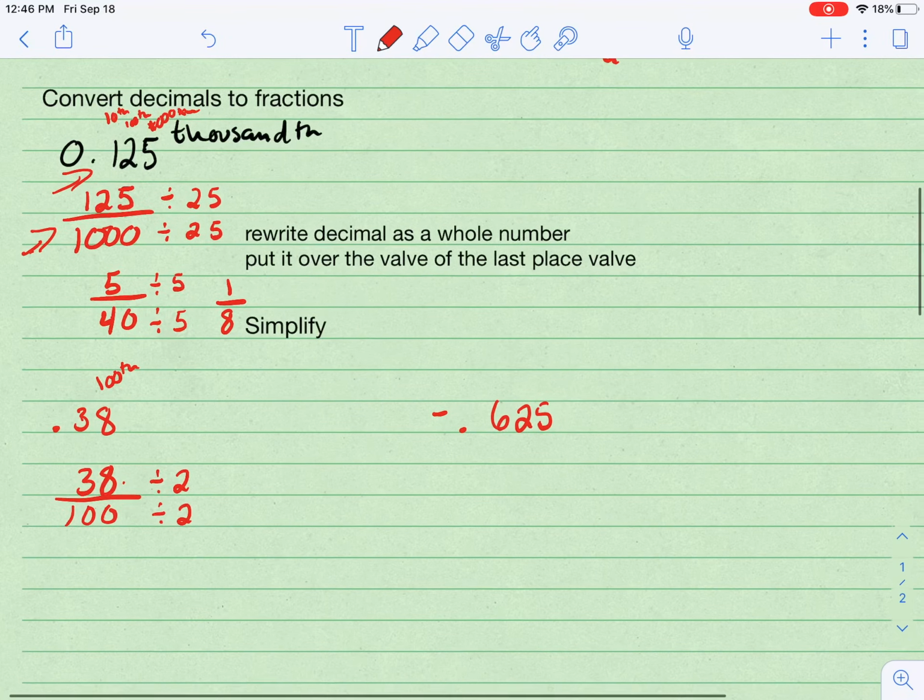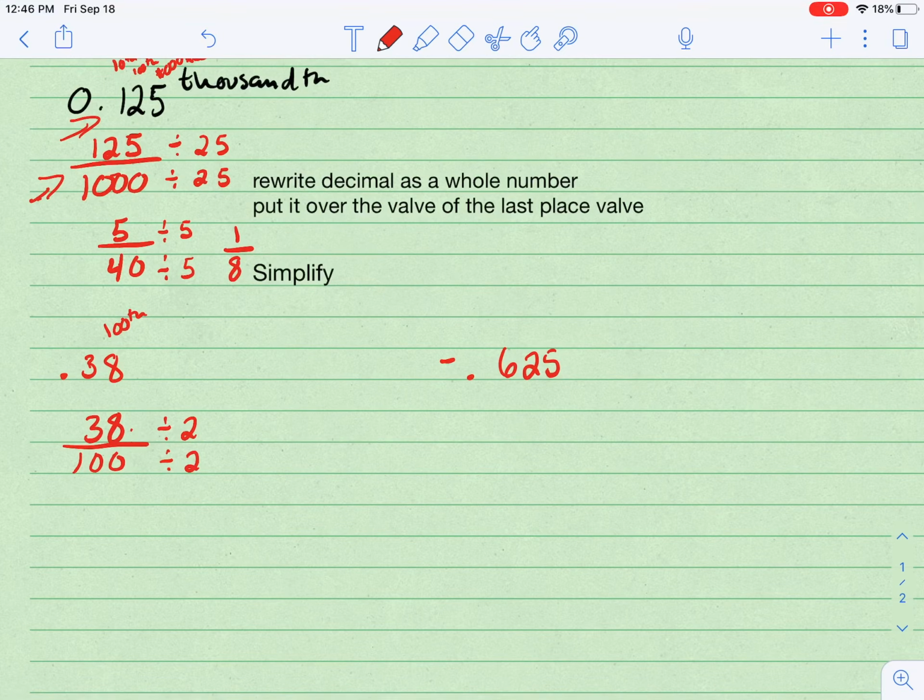So if I do that, I get half of 38, which is going to be 19. And then half of 100 is going to be 50. Okay, so now I know 19 is a prime number, so there's no common factor of 19 and 50. So this is in simplest form.